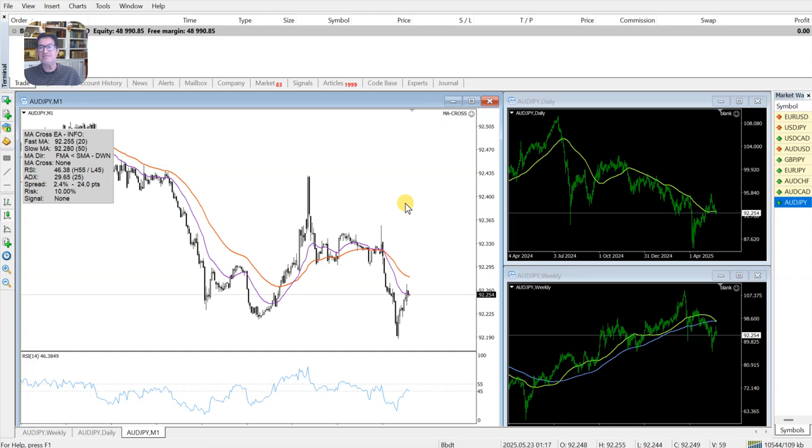Last but not least, I want to add a little tidbit, a little piece of tool that I use to find out what currency pairs I should trade during what time of the day.